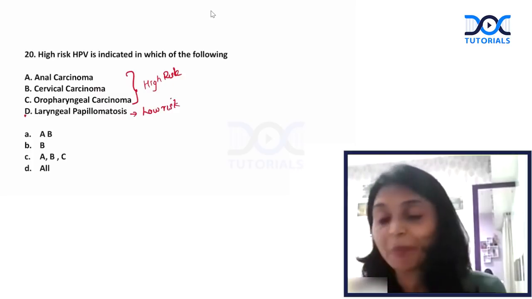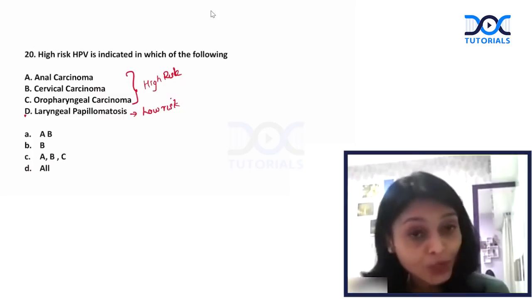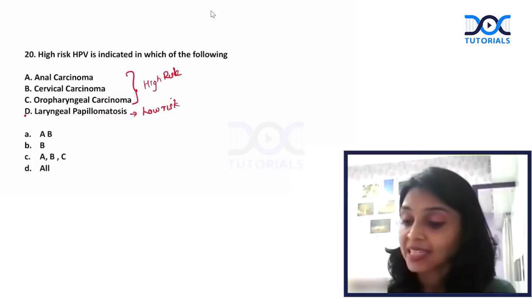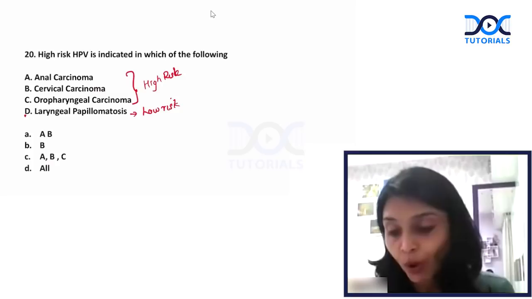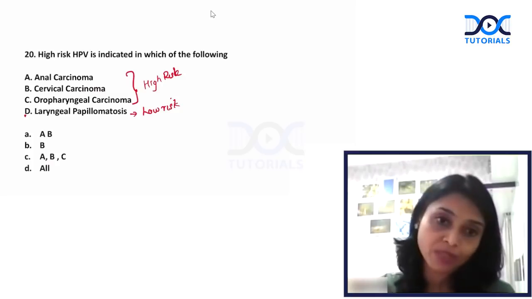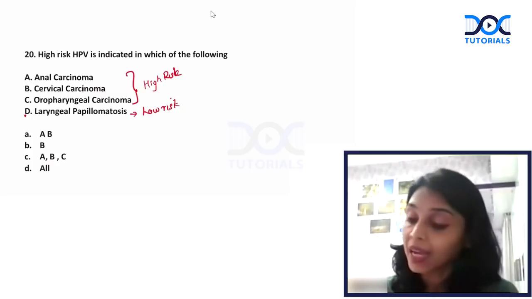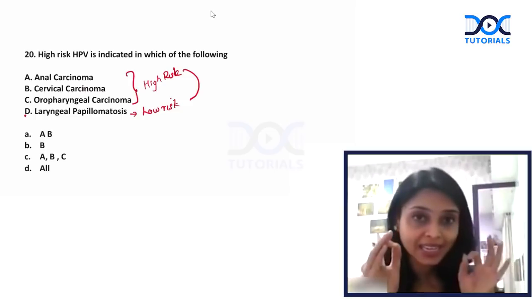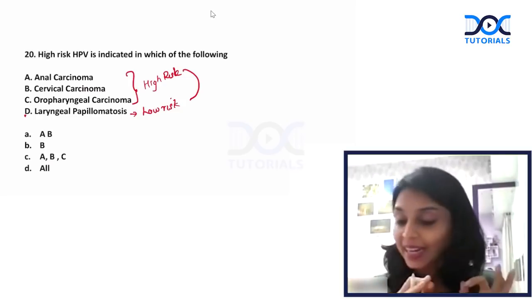But it is also said that there are cases where high risk can also cause laryngeal papillomatosis. Okay. High risk can also cause. So please listen carefully.